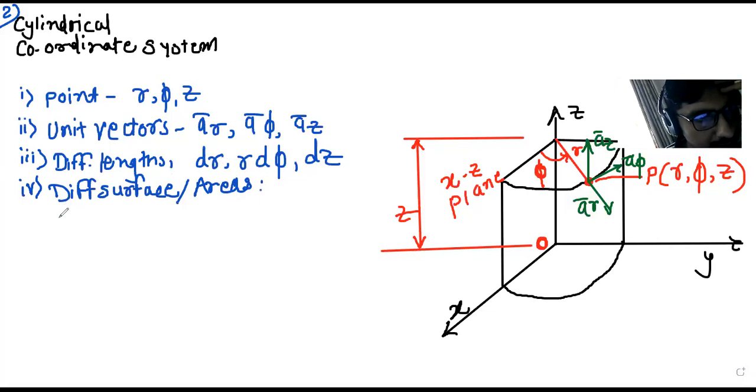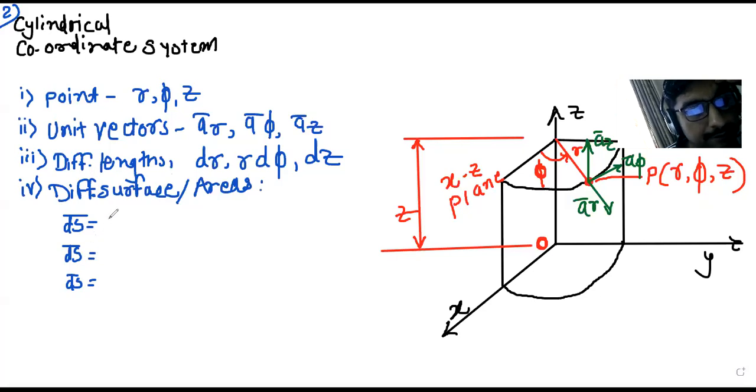So here it would be of three types: ds bar when r is constant, ds bar when phi is constant, and ds bar when z is constant. So we have three different differential surfaces.